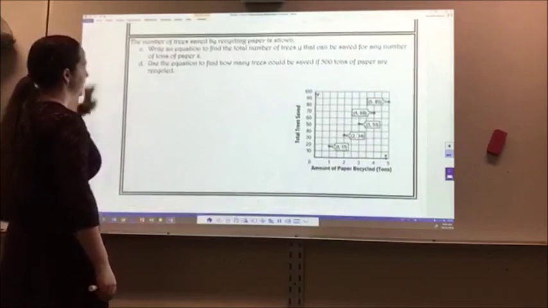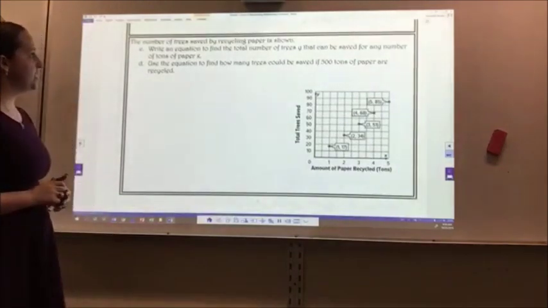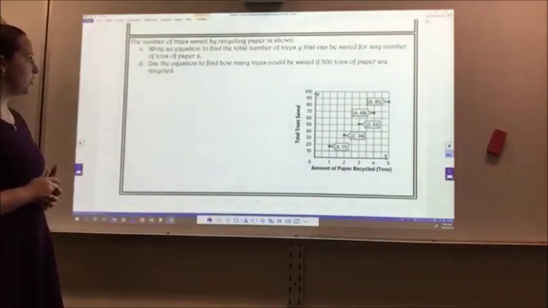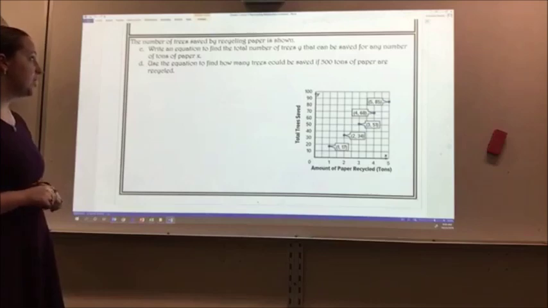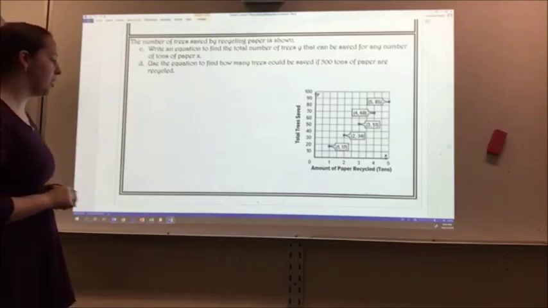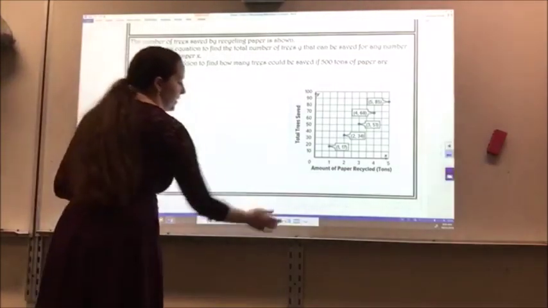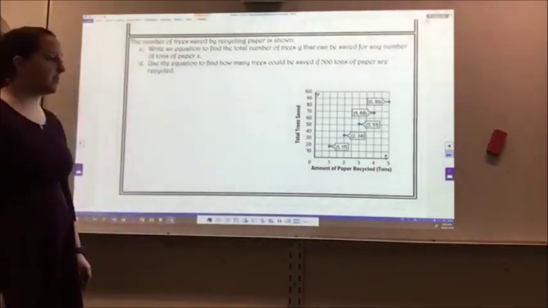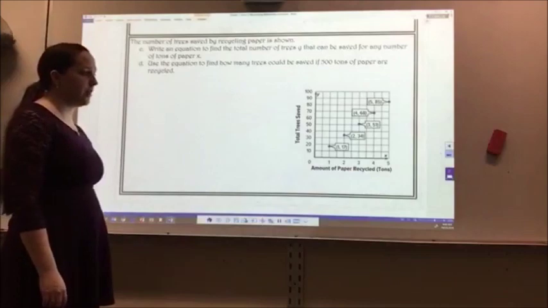Alright, for letters C and D, the number of trees saved by recycling paper is shown. Write an equation to find the total number of trees Y that can be saved for any number of tons of paper X. Use the equation to find how many trees could be saved if 500 tons of paper are recycled. So, in this case, I want to find my slope. So I pick any 2 points on my line.